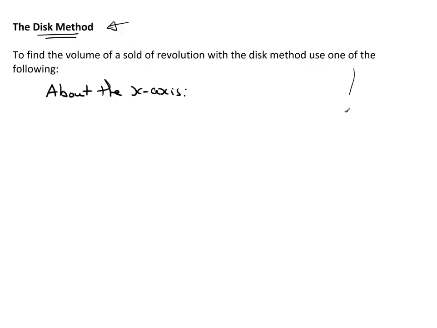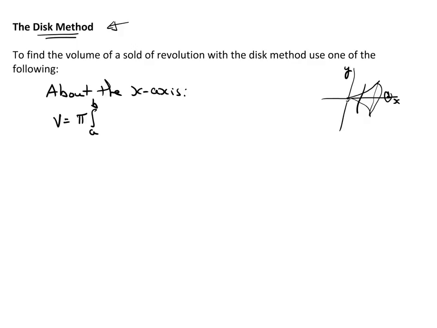So if I have some function like I just did, it looks like this, and I revolve it about the x-axis, see, my disk will be in this direction. So what I'm going to be working with is my volume will be equal to pi times the integral from a to b, where I'm starting and ending.